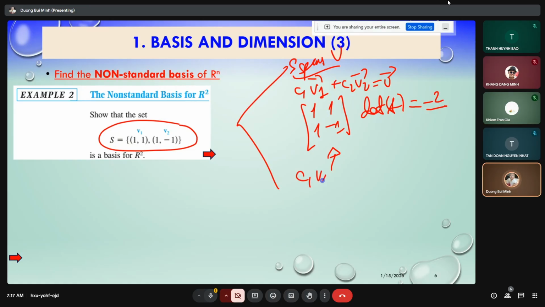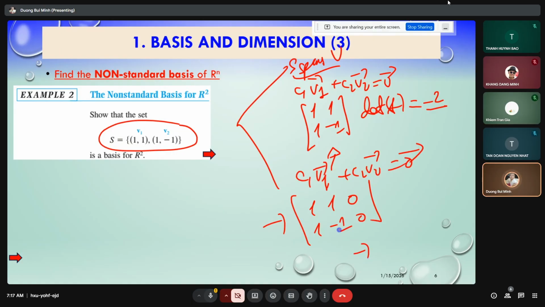And then we need to demonstrate C1 V1 plus C2 V2 is 0. So you get 1 1 0, 1 -1 0. We can apply Gaussian elimination, right? This is R1, this is R2, so -1 times R1 plus R2 replaces R2.